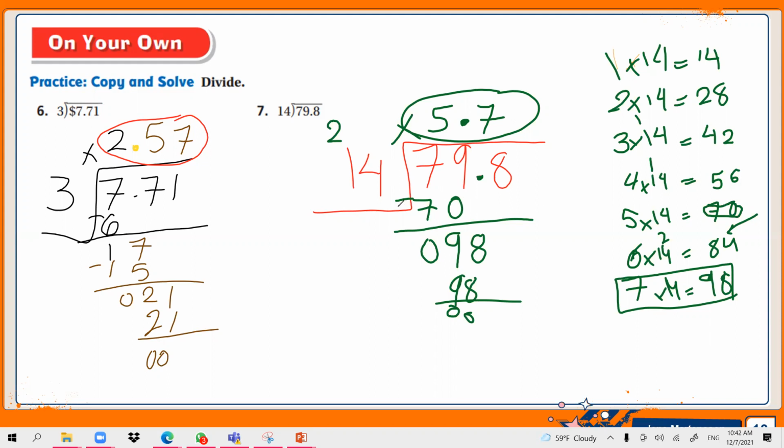Then you subtract 7 minus 7, 0, 9 minus 0, 9. Then you put the decimal point up. Then you call down the 8. Then 98. You will come back here. What is the number that you multiply by 14 to get 98? 7. You write 7 up. Then you multiply. Then you subtract. That's it.